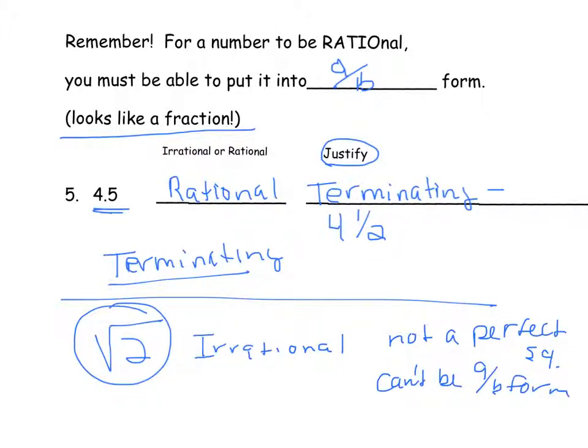So you're really showing me that you understand why it's irrational. You know it's irrational because it's not a perfect square, so therefore it can't be put in A over B form. So you have those two different tasks today, practicing putting those repeating decimals into rational form, and then looking at some more numbers, like in the last lesson, decide if they're rational or irrational, and then justifying.